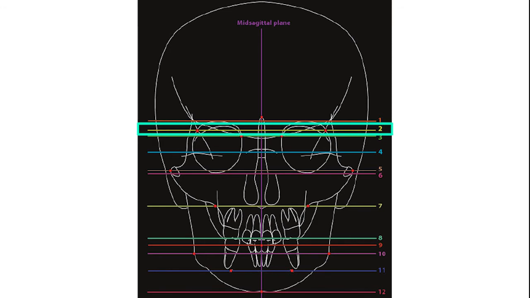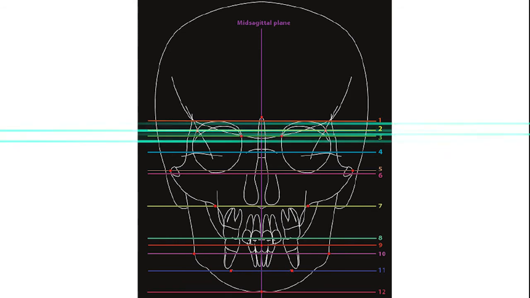This is a line connecting the left and right lateral orbital LO points. Intermediate orbital plane. It is defined as a line connecting the left and right medial orbital MO points.